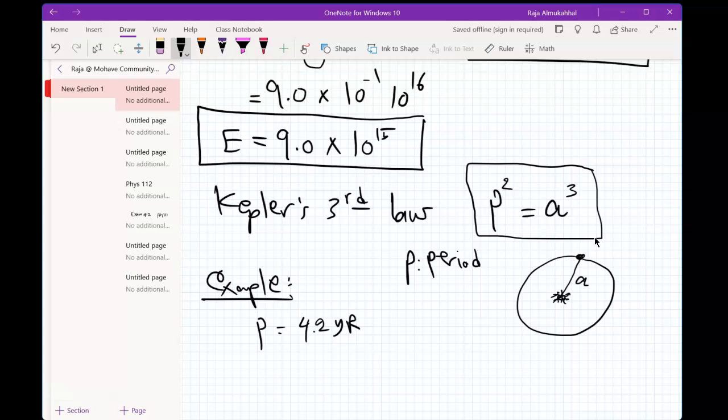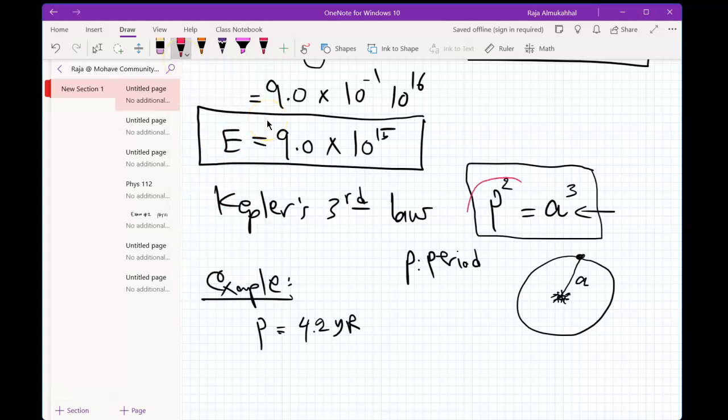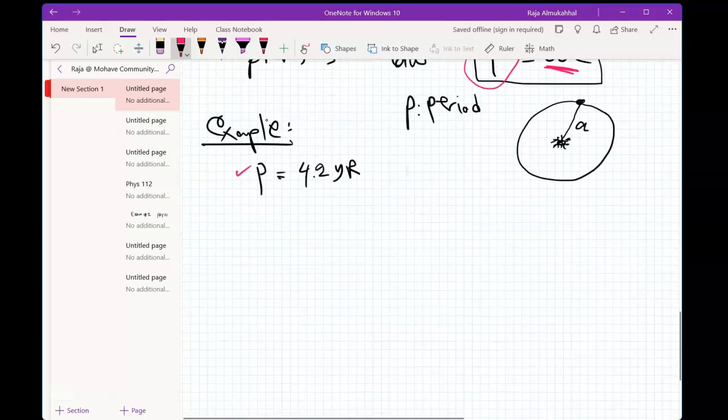And the question is, what is the radius of that orbit? So basically we're looking for A here, given P. Notice that we have powers here. So how do we do this problem?